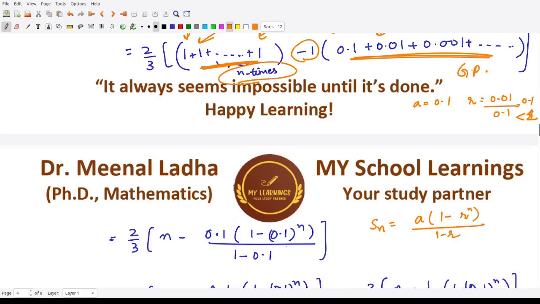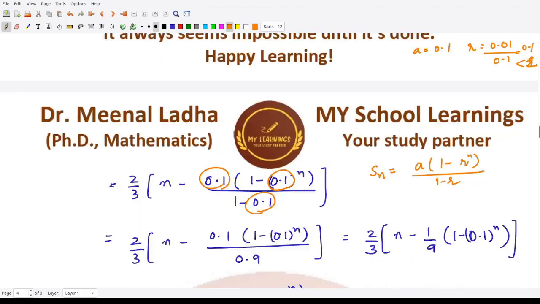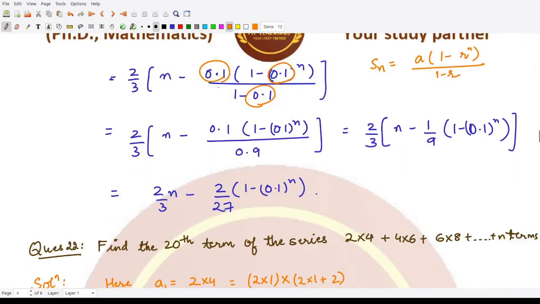Using this formula, our a is 0.1 and r is again 0.1. Now we can simplify the terms here. You can subtract these two to obtain 0.9. The decimal points get cancelled, so it is 1 by 9 times 1 minus 0.1 raised to power n. You can multiply this term outside, so that you have this as your answer.